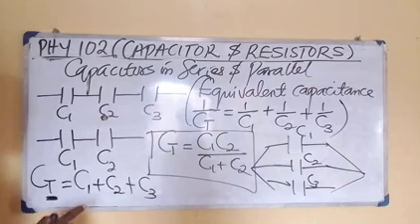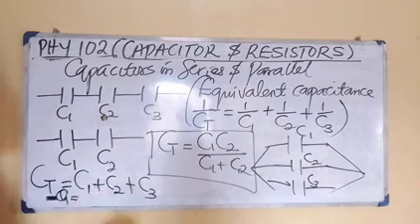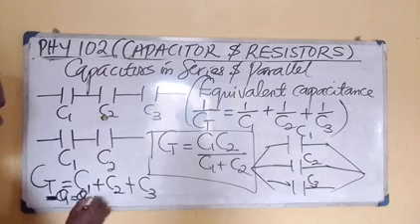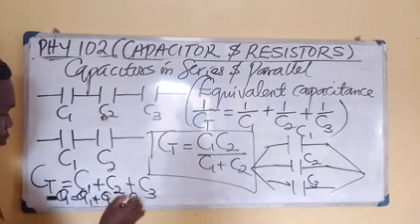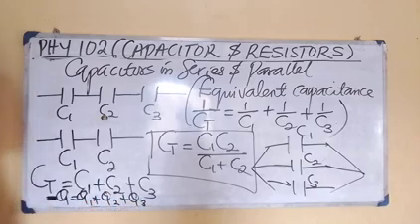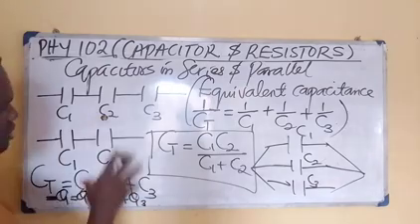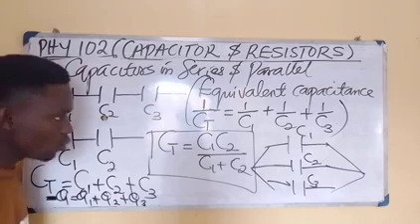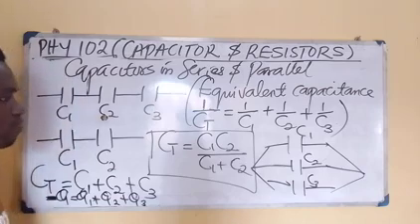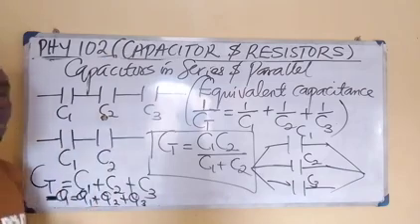You should also note that in series, the charge is equal to the sum of the individual charges. That's Q1 plus Q2 plus what? Q3. It's as easy as that, okay? So these are the things you must know in capacitors in series and capacitors in parallel.